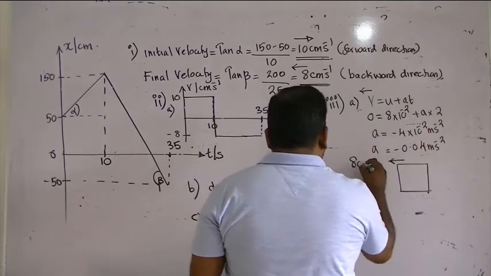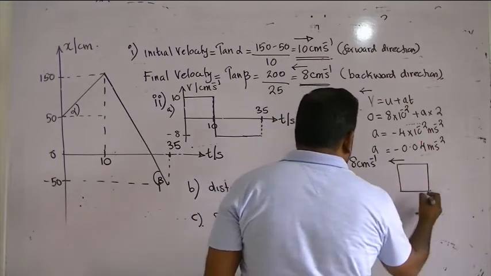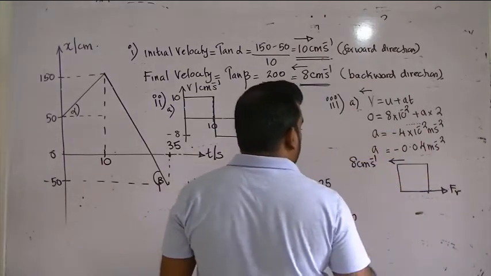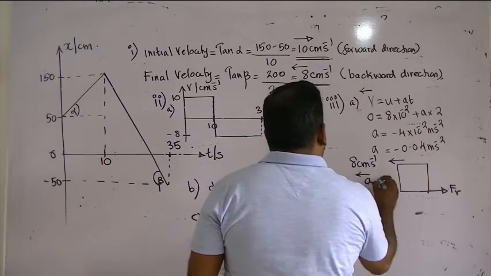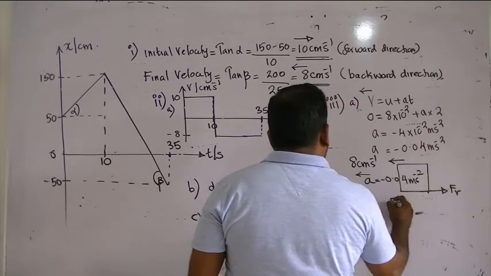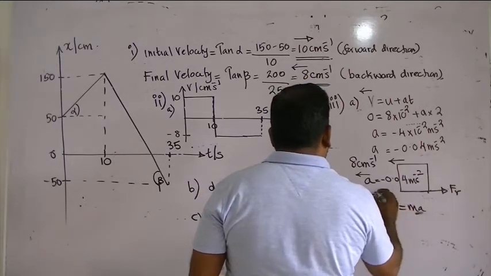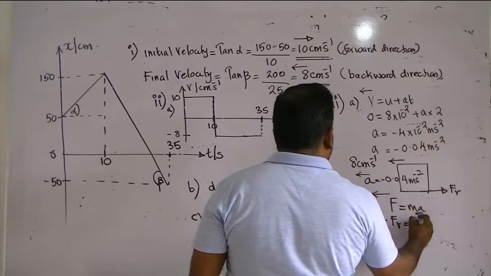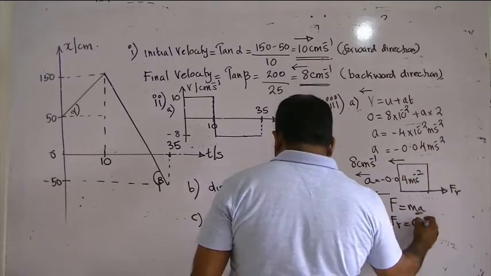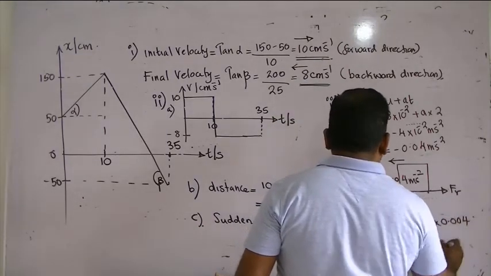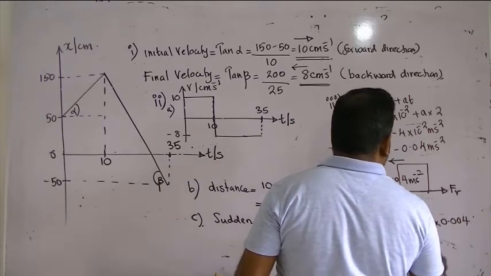What is the friction force? It's traveling at 8 centimeter per second, so the friction force only will create the deceleration as it goes. So if I apply F equals ma, minus friction equals mass 0.5 times 0.04.